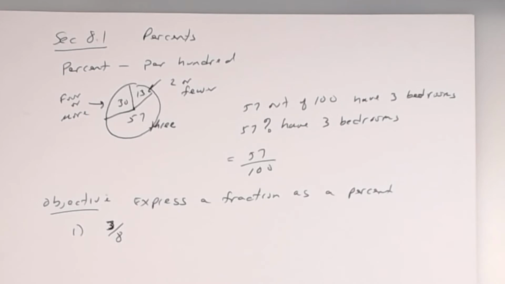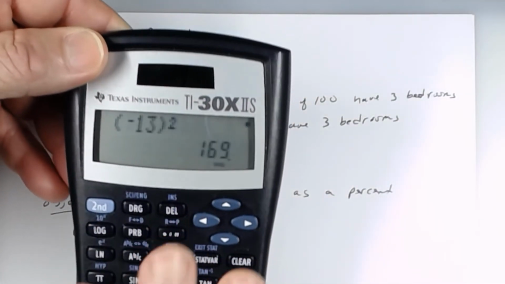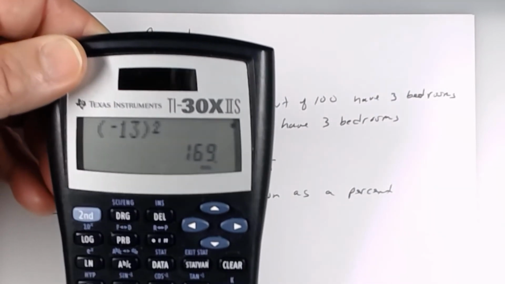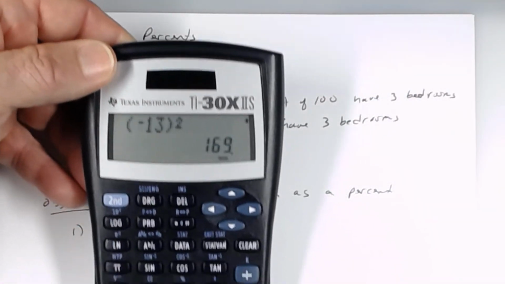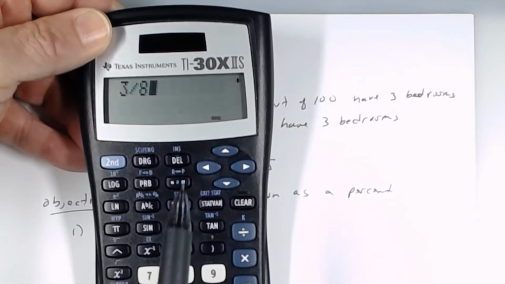On your calculator, if you're given a fraction, and you will be, you first of all divide the fraction on your calculator. The way mine is now, yours may be a little different, so you have to know how to use your calculator. For mine, I'm going to say 3 divided by 8. You see 3/8, so 3 divided by 8.